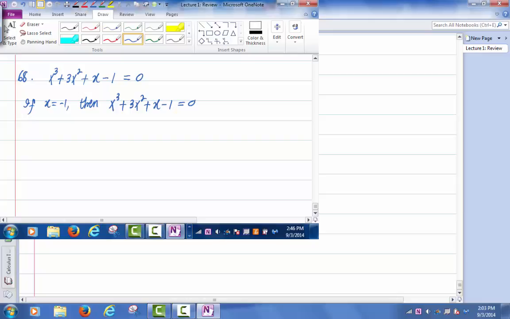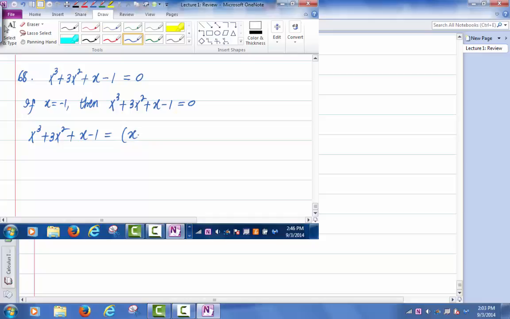And so what that tells you is that this is a root of this equation, which means that when that happens, x cubed plus 3x squared plus x minus 1, you can write this as x, from x you're going to subtract the root that you found, which would be x minus minus 1, right?